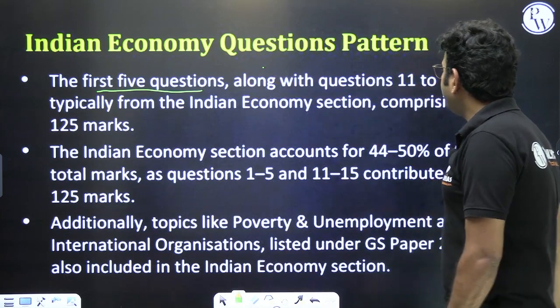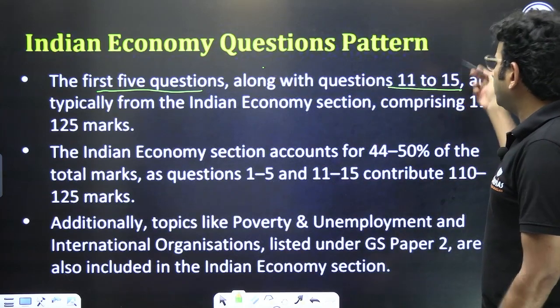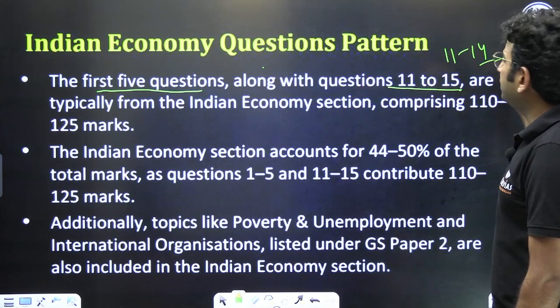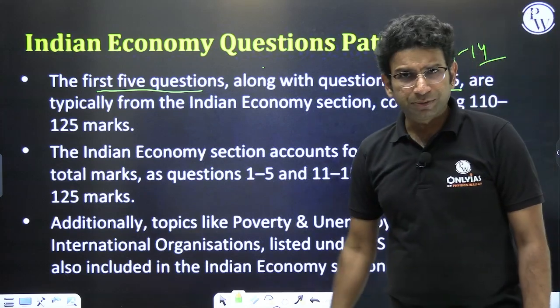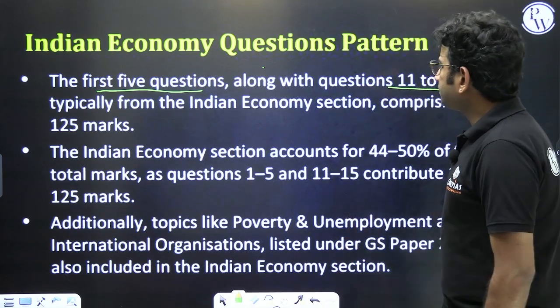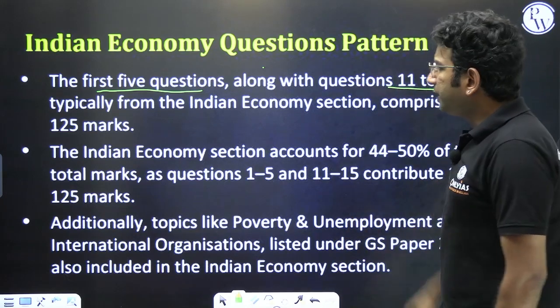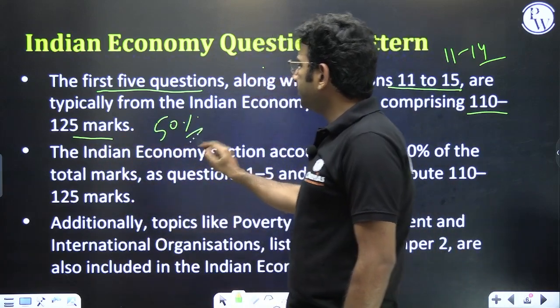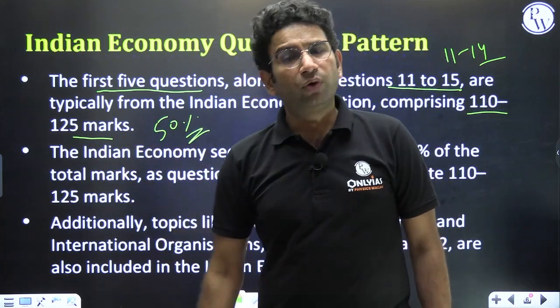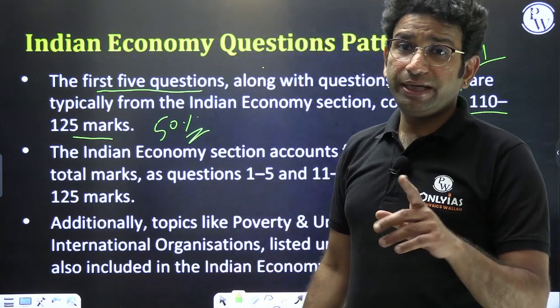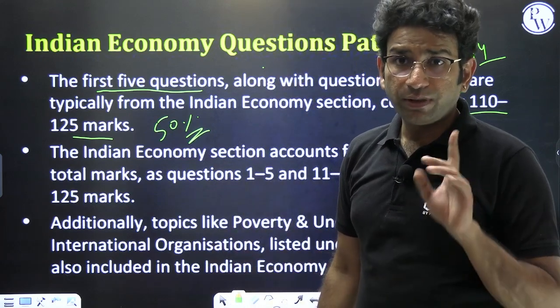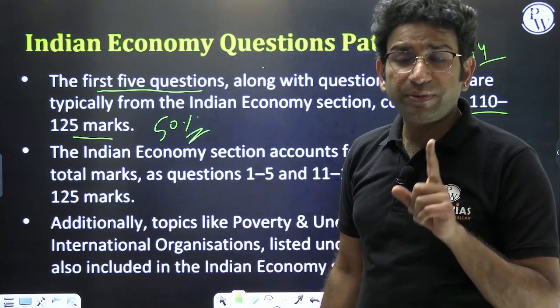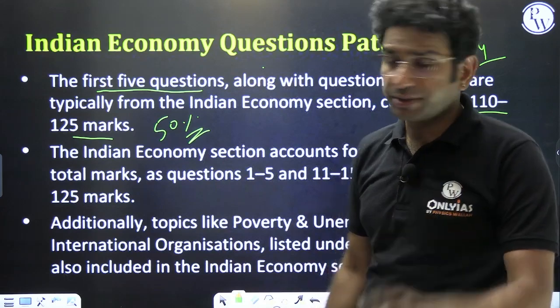Then normally you will find question number 11 to 15, or generally you can say 11 to 14, from the economics section. That means around 110 to 125 marks, around 50% of the paper, is basically coming from economics.